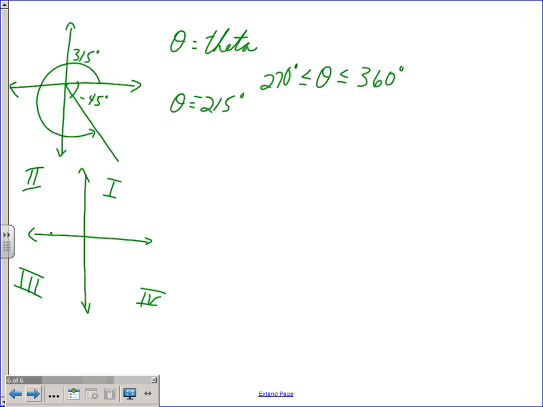One more problem here. Where does a 1,000-degree rotation, what quadrant does that wind up in? You just keep going, don't you? Let's see if we can figure it out.